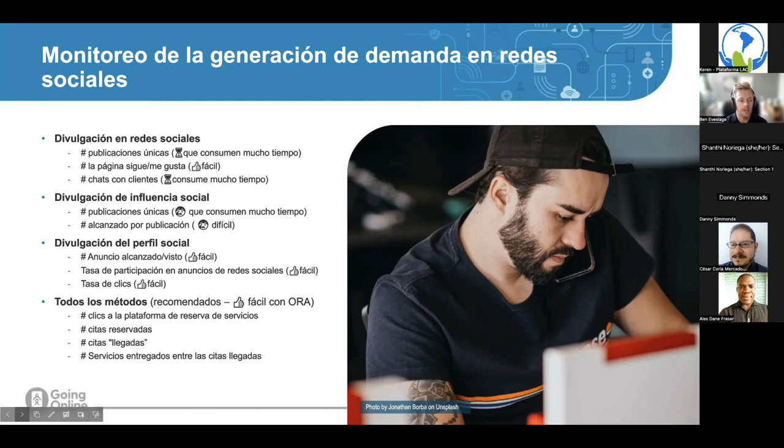For social influencer outreach, it can be challenging to monitor the outputs, like the number of posts made and the number of clients that are reached with those posts. And that's because sometimes it requires engaging with the influencer themselves to share this data from their account to you as the program.